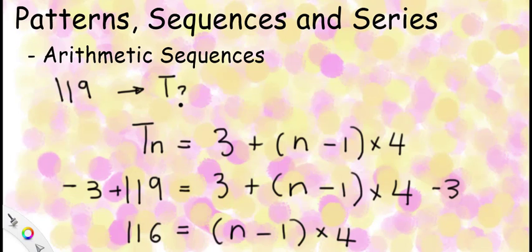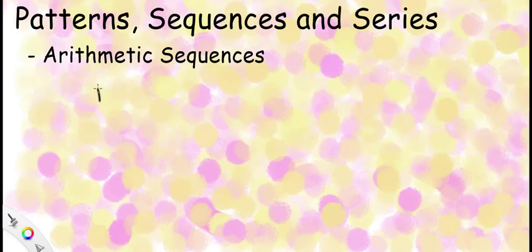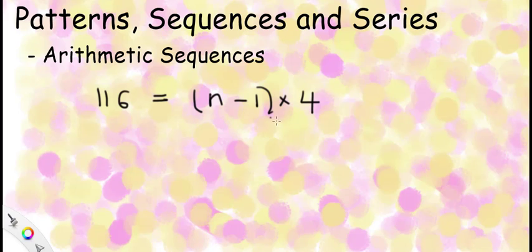Then the next thing we're going to do, let's rewrite the equation. 116 is equal to, open brackets, n minus 1 times 4. Next we have to divide by 4. Divide by 4 and divide by 4, because what we do to the left side, we have to do to the right side, and we're solving for n. 116 divided by 4 is equal to 29.